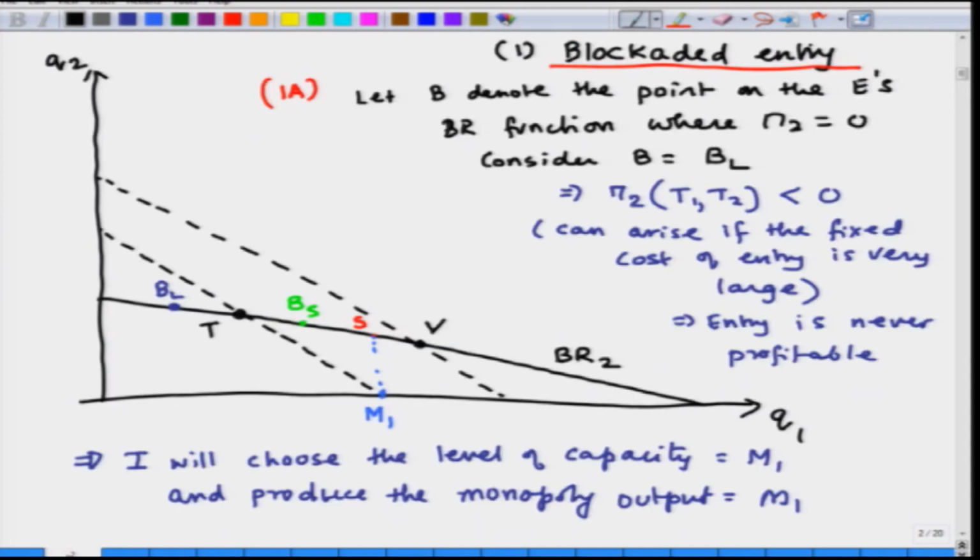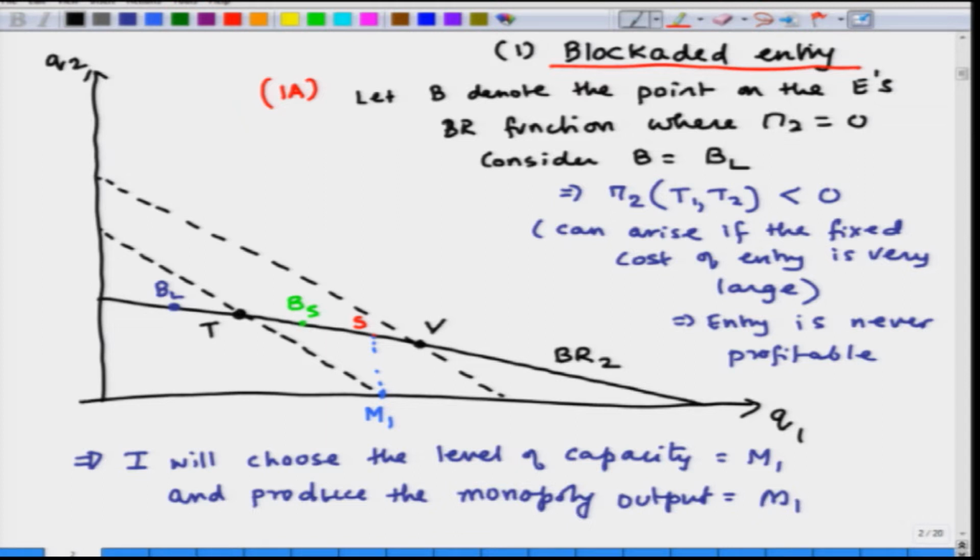Here the entrant is earning positive profit at the point T, but it is gradually decreasing because the output of firm 1 is increasing and the output of firm 2 is decreasing, and eventually at the point B sub S, the profit of the entrant becomes equal to 0.